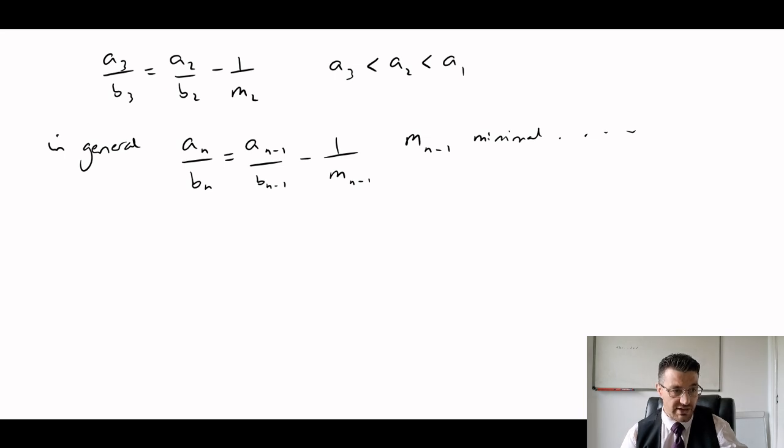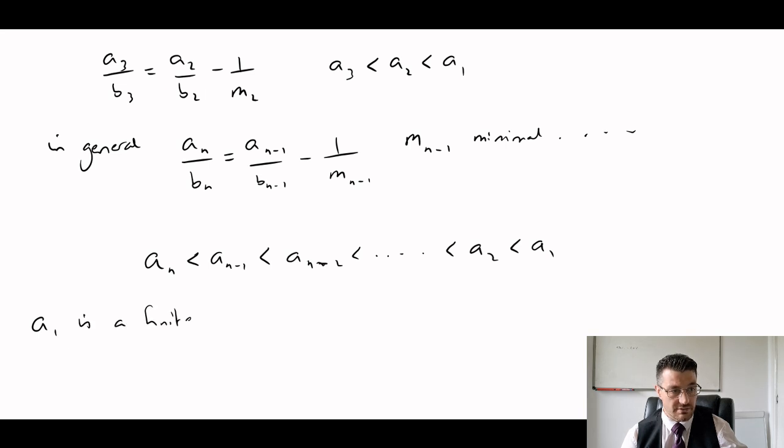So what we get in general is that An is less than A(n-1) is less than A(n-2) is less than A2 is less than A1. Okay, so A1 is a finite positive integer.